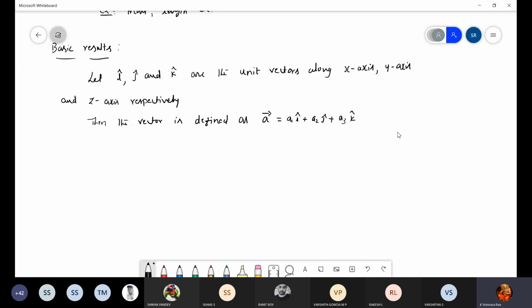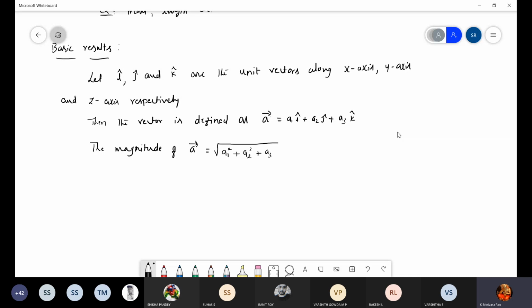Next line, the magnitude of vector A is equal to, anyone, any idea? It is the square root of a1 square plus a2 square plus a3 square.